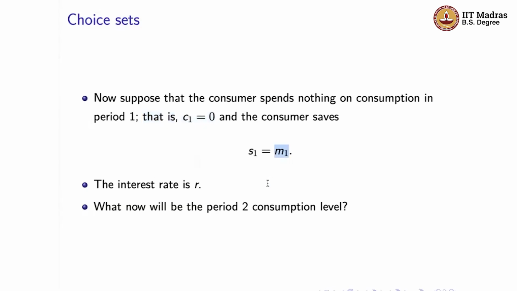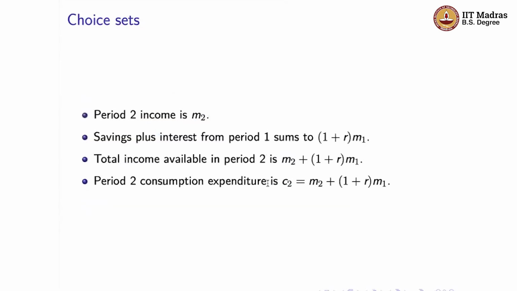So what will be the period two consumption level? This is going to come from the fact that you have an income of M2 coming in period two, but you have also got the savings from period one. That savings was M1 itself plus the interest that you got on that saving, so plus R times M1. So this is the total saving plus interest from period one.